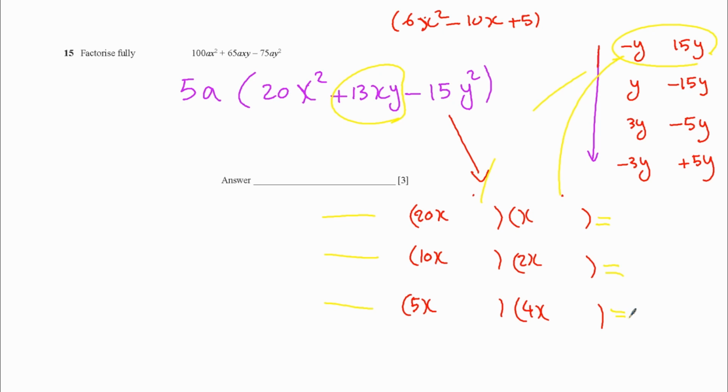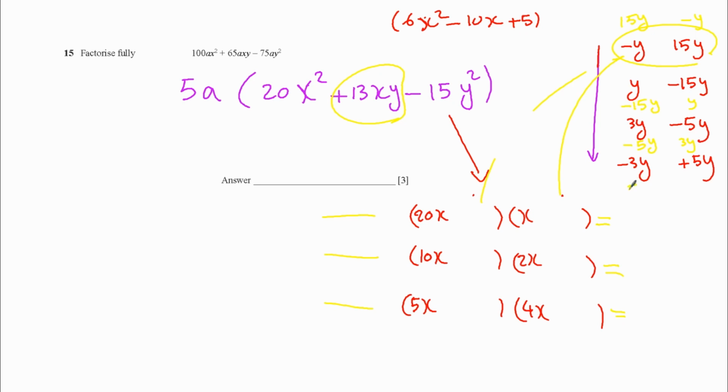And the other thing you need to consider is that because we have 20x and x, which are not the same, every time we check minus y and 15y, we also need to check 15y and minus y in reverse, because reverse makes a difference. So we also need to check minus 15y and y, because the order does matter. Again, we need to check minus 5y and 3y, and we need to check 5y and minus 3y.